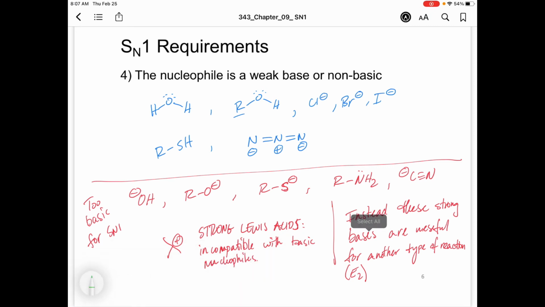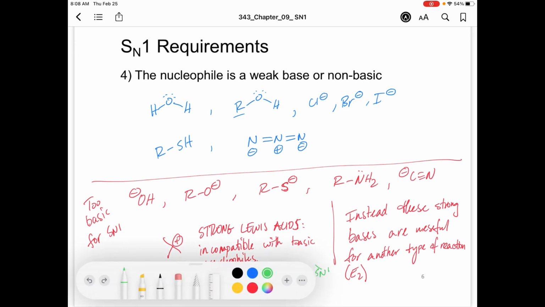In general, something just to remember is that nucleophiles that have conjugate acid pKa's, the pKa of their conjugate acid, if it's more than or equal to 10, they're really not compatible for SN1.